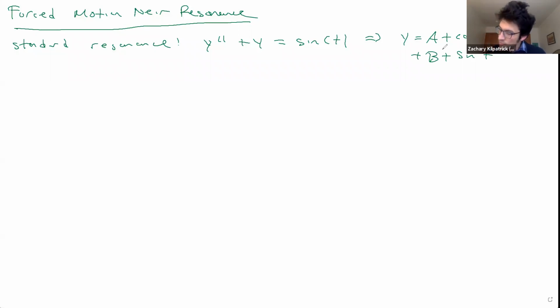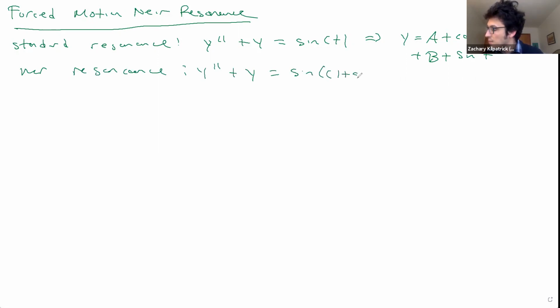Okay. Now near resonance would be like if you have y prime prime plus y equals sine of (1 plus some epsilon) t. So now your solutions are not going to grow indefinitely over time, but you are going to get some resonant response.